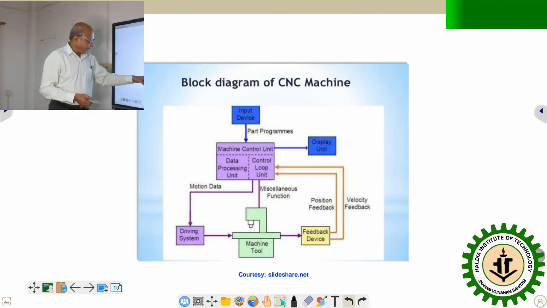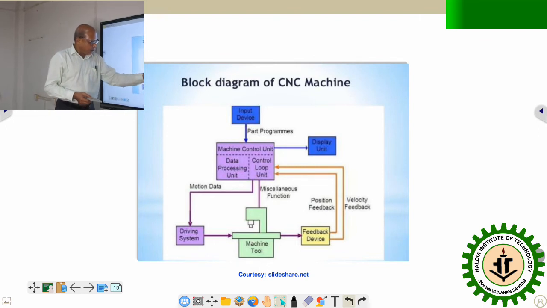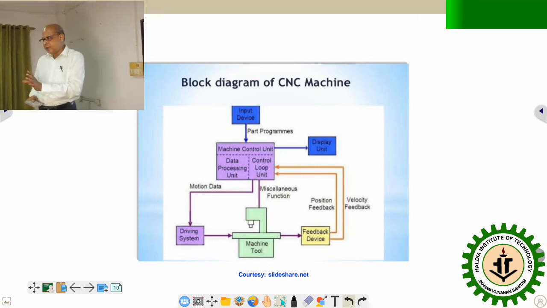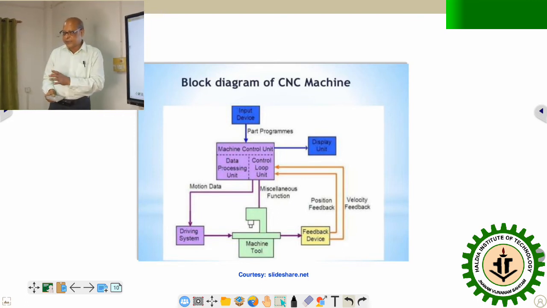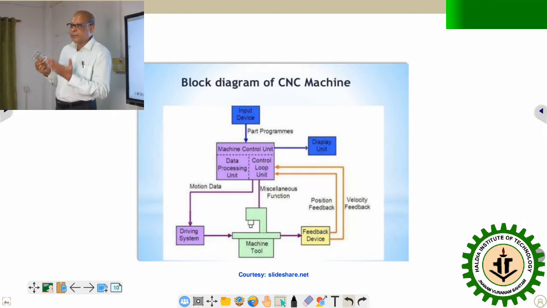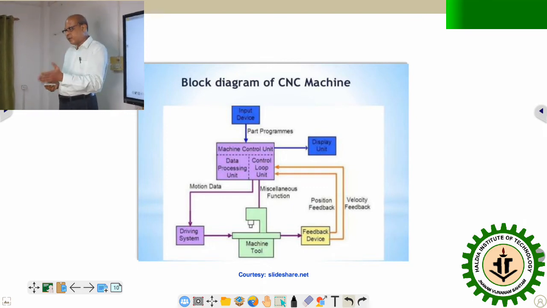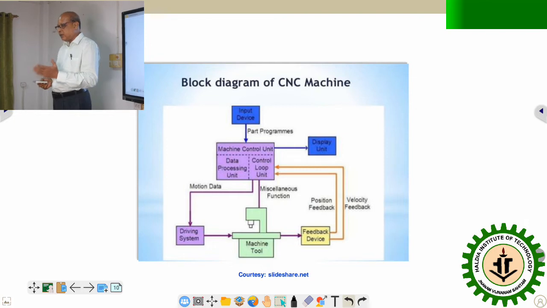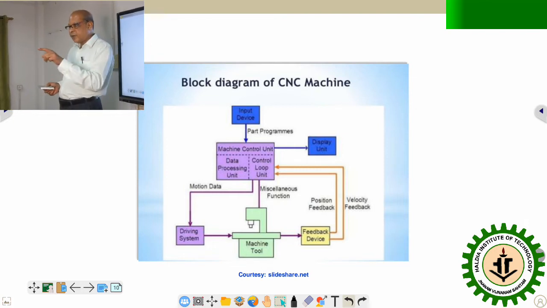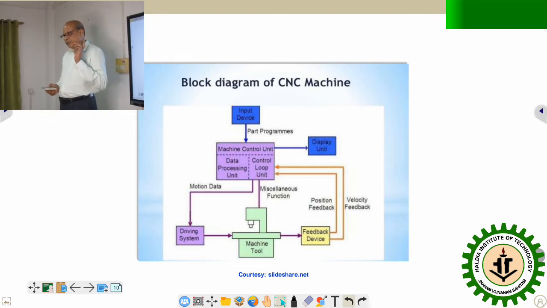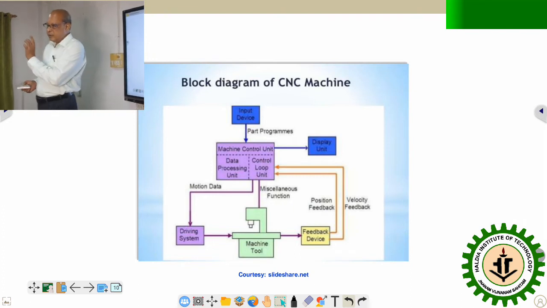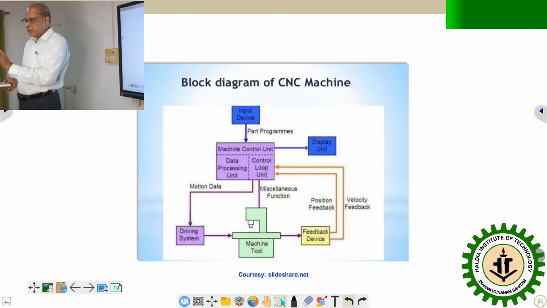Another thing, you see, there is written what is called miscellaneous function. Miscellaneous function is a part of programming. Right at this stage, you won't be able to understand the entire spectrum of the different codes which are included in a part program, that are broadly categorized under two different categories. One is called G codes, which is identified by the alphabet G, and another is identified by alphabet M to represent miscellaneous code.